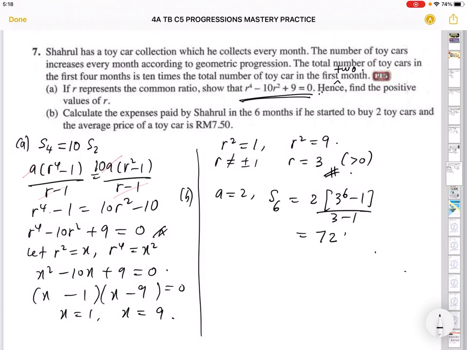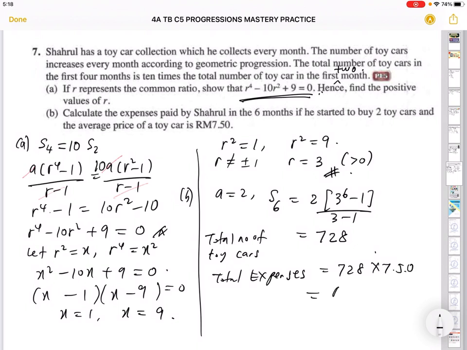Yeah, this represents the total number of toy cars. But if you want to find total expenses, they say on average each toy car costs 750. So you take 728 times 750, 5,460. Oh, this boy has to be a rich kid. Spend 5,000 on the toy cars, not even on real car.